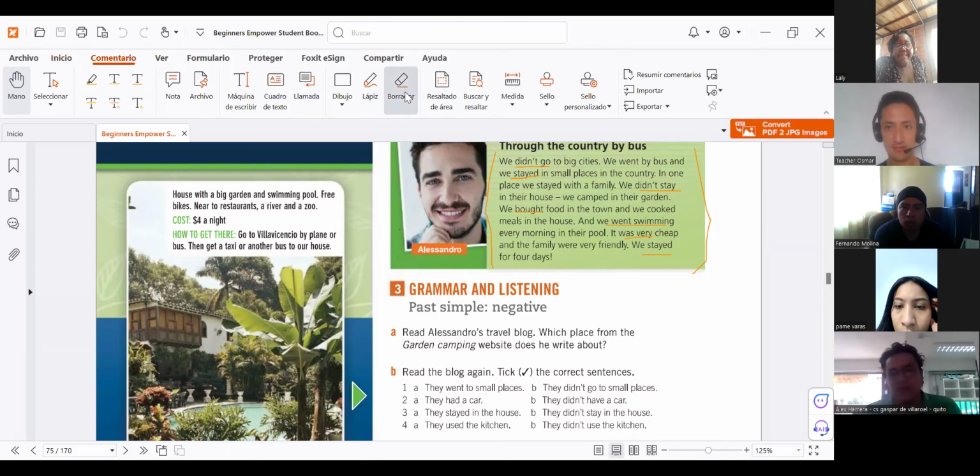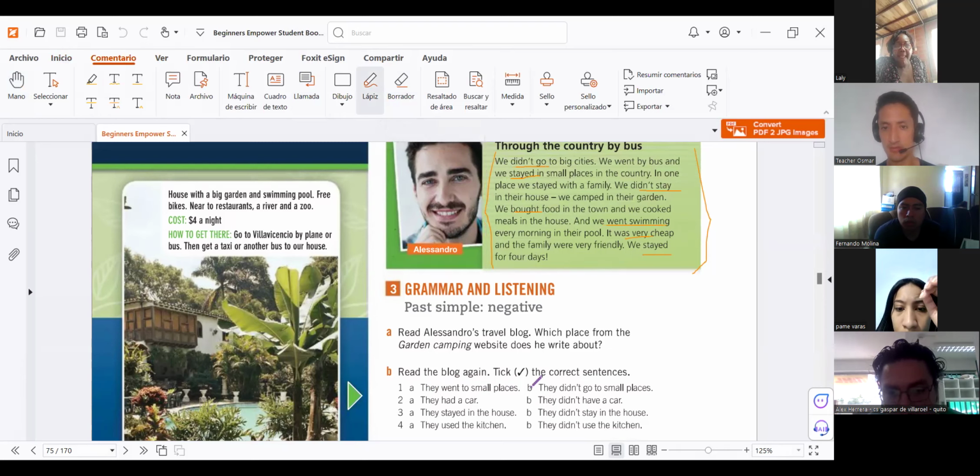They went to small places. Excellent, yes. Fueron a lugares pequeños, small places, no a grandes ciudades, not to big cities, to small places.